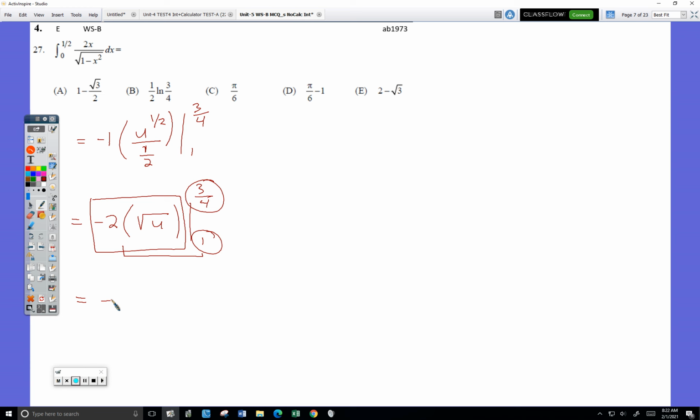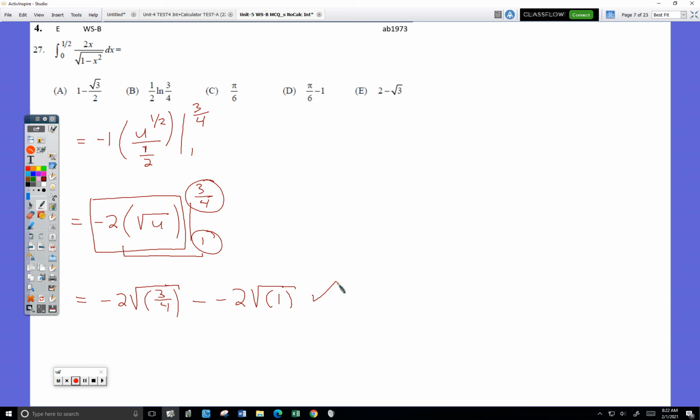So this becomes -2 square root 3/4 minus -2 square root of 1. If it were the written portion of the test, I would now stop. There's nothing left but basically arithmetic, and I'm not required to keep going on the written portion. Because it's multiple choice, I've got to keep going to find one of the answers that are listed above.